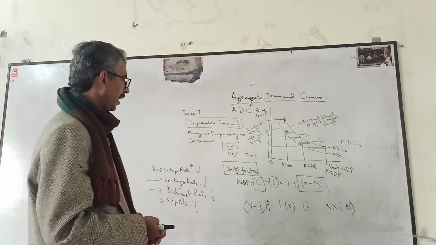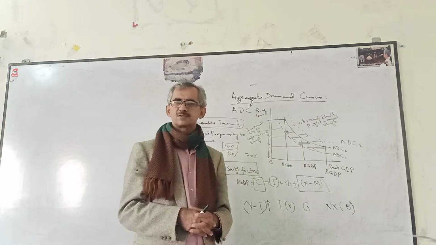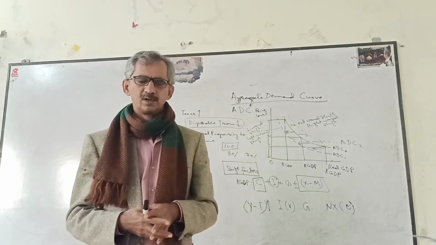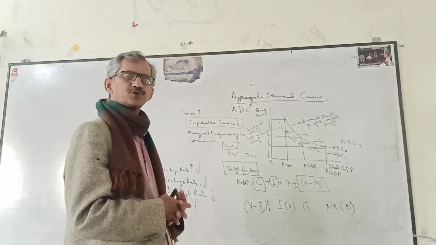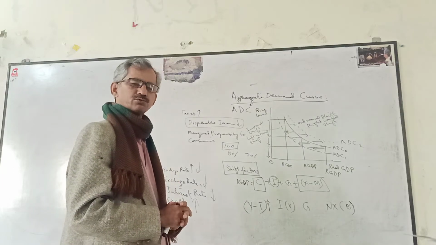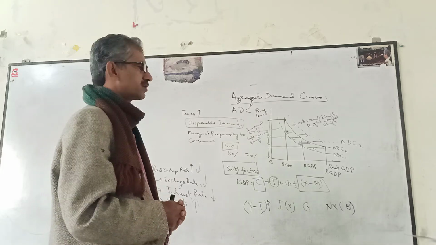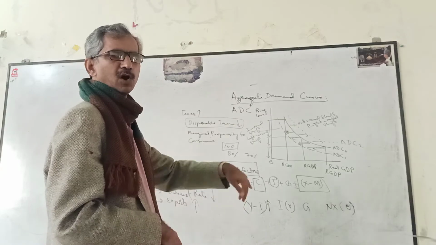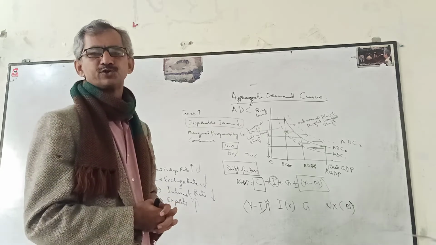And when we talk about the investment function, it is private investment, and the investment function is a function of the interest rate. So interest rate is the price level. Whenever the interest rate rises, it shifts the demand curve in the leftward direction, meaning there will be an inward shift.